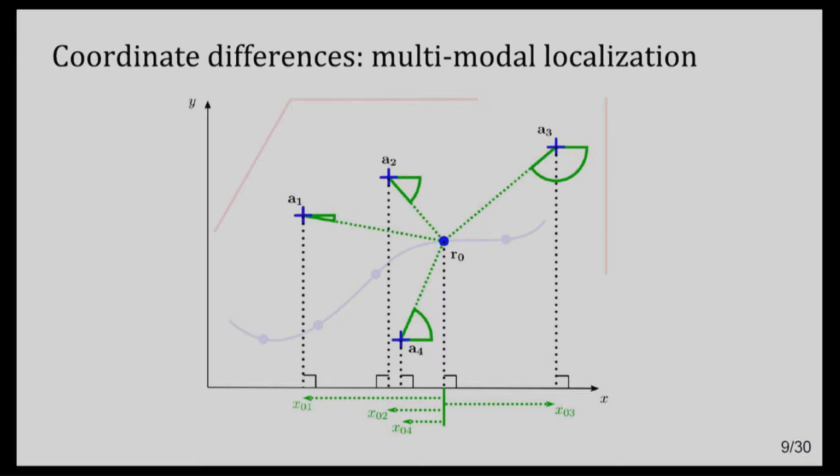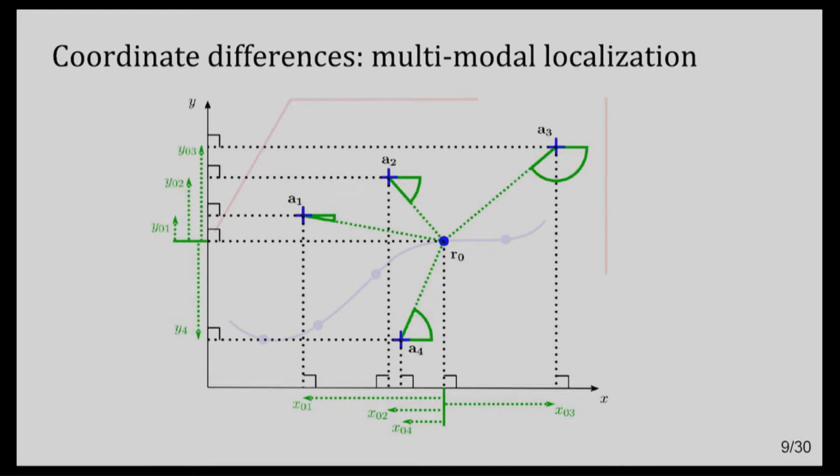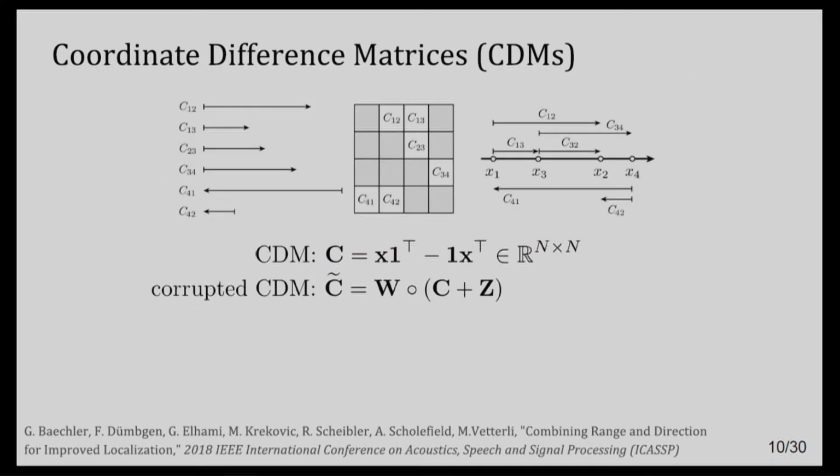And we can then do the projection of this vector onto arbitrary directions. In this case, it's convenient to use x and y. And then given these two projections, we can again try to solve this problem on the coordinate differences and then reconstruct the 2D locations. And how do we do this?